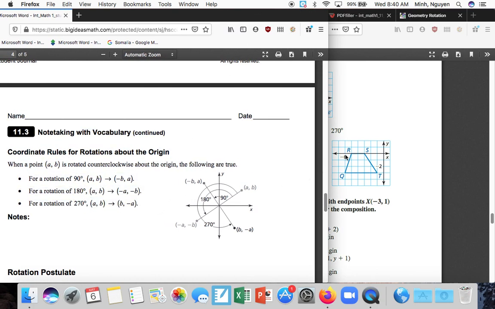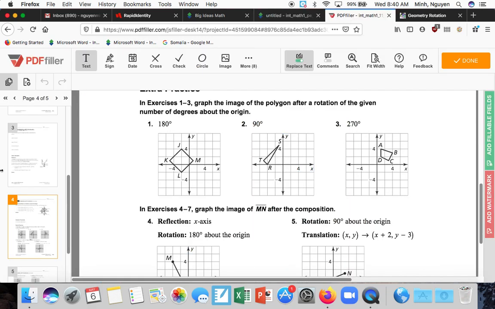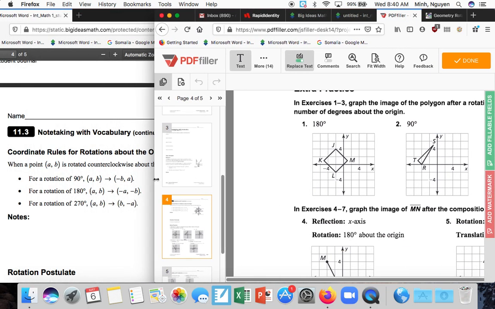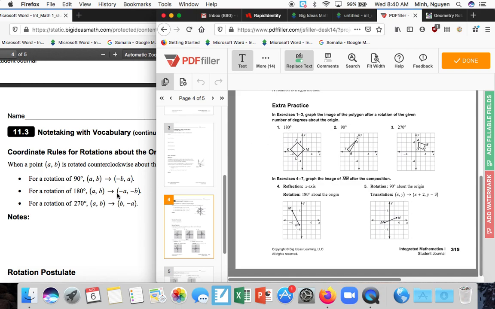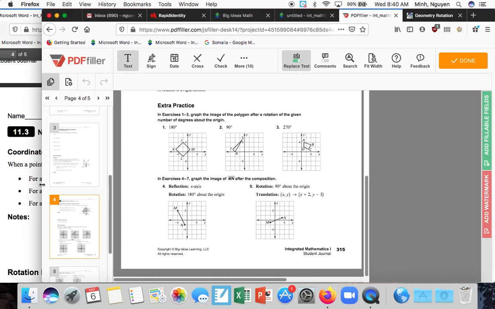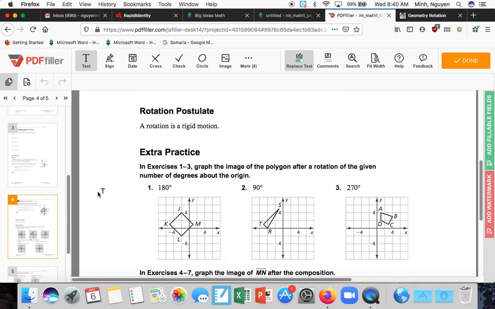It's not a shortcut, this is just the rule. So it says 180 degrees, (A, B) is going to turn into (negative A, negative B). So let me write down the rule first. (A, B) to (negative A, negative B).